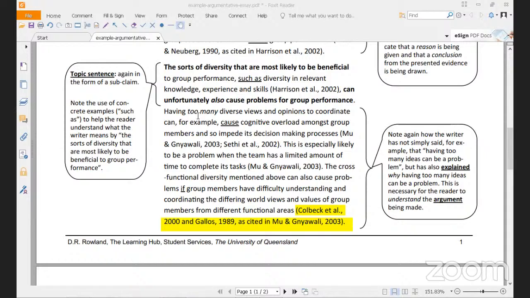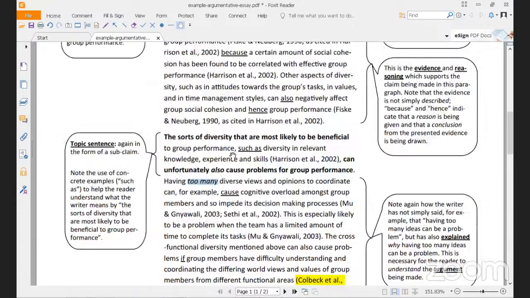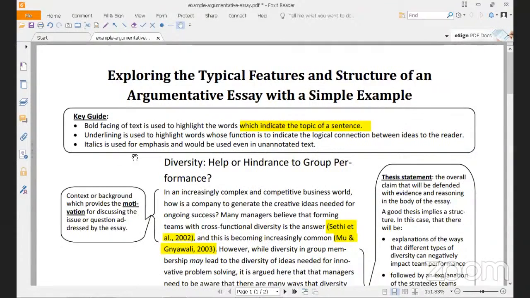Okay, so now we're starting to see many italics, many words in italics. So let's go back into our guide. Italics are used for emphasis and would be used even in an annotated text. So it doesn't mean that is something that I got from a text.